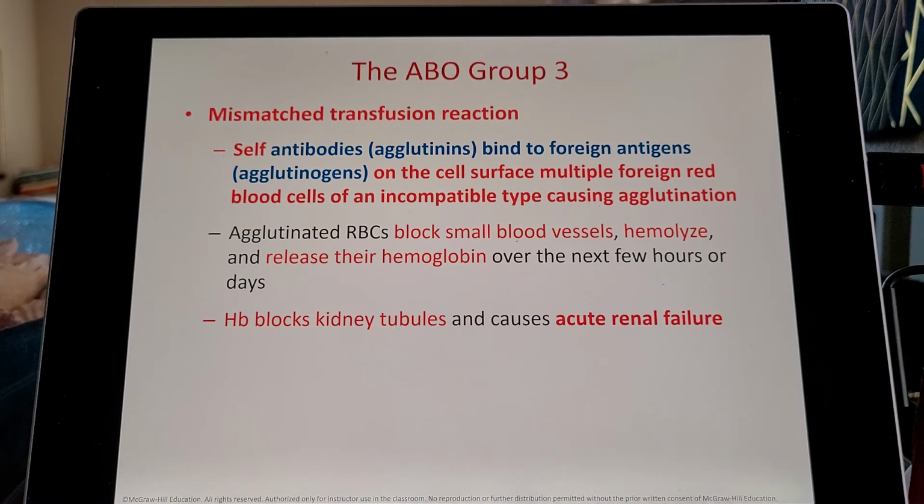So basically your kidneys fail, you can't make urine, you can't get that waste out, you can't get that excess fluid out, and you're going to have a major problem. You would probably have to start dialysis until you deal with your situation. So anyway, it causes your kidneys to fail.